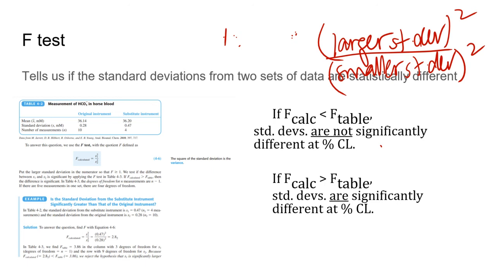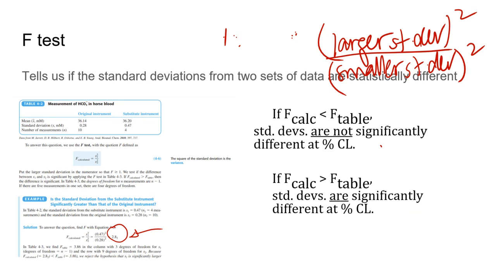So after we calculated the F, we're going to get this value. However, on table 4.3, I don't have that one, the F table is at 3.6. And since we know the F calculated is less than F table, that means they're not statistically different from one another at that percent confidence interval.